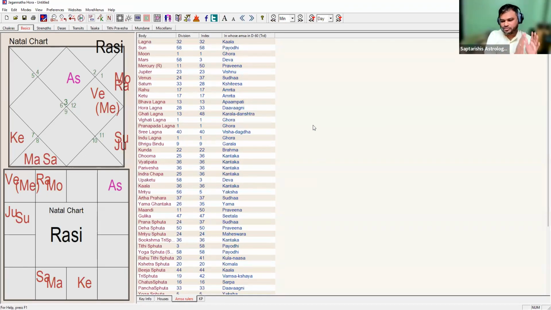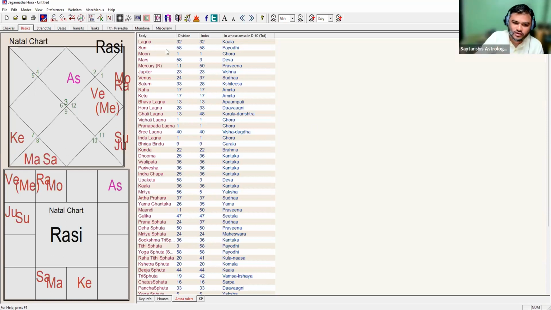Construction of D60 is one part; understanding every Amsha is another. D60 means 60 Amshas, the 60th part of that Rashi, and every Amsha has a specific name, and that name gives you some information.